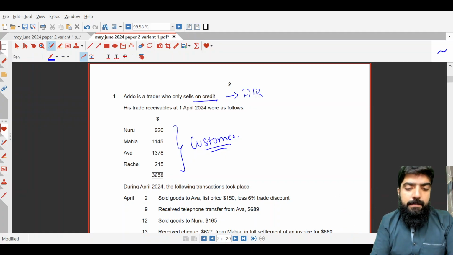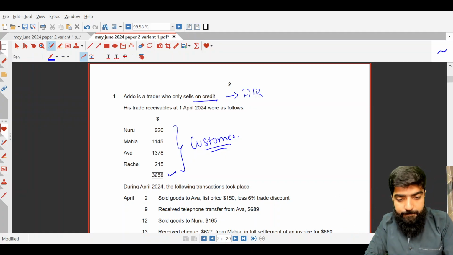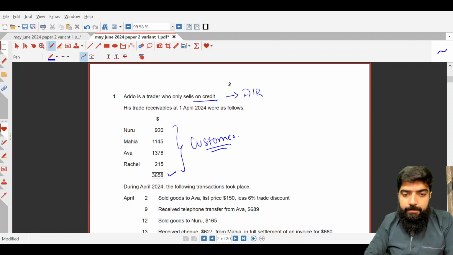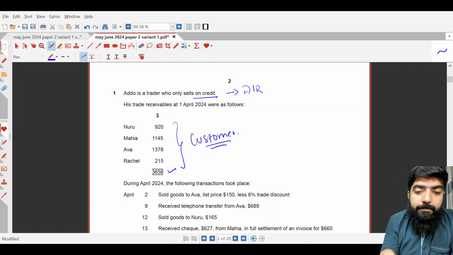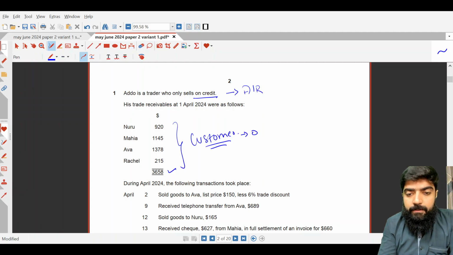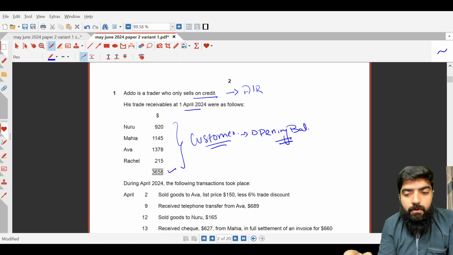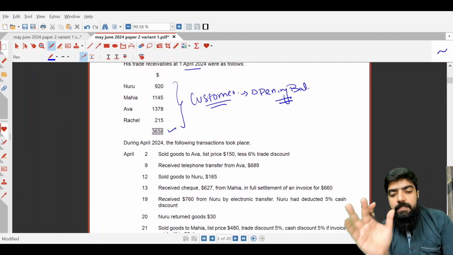The total receivable is 3658. That is the opening balance given here, because on 1st of April 2024 the receivable balances are given, so it is basically an opening balance of the customers or the accounts receivable.